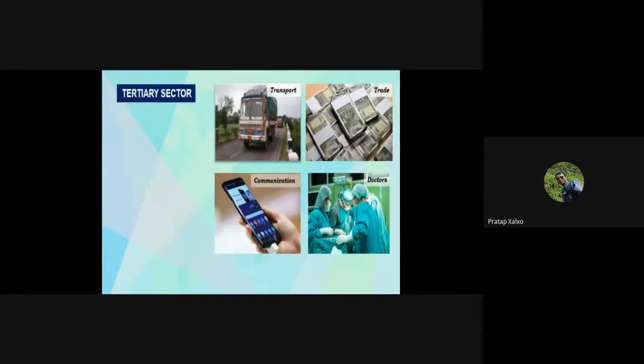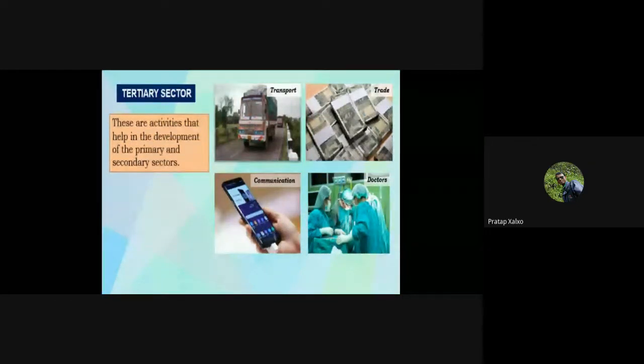Then we come to the tertiary sector. Tertiary sectors are the activities that help in the development of the primary and secondary sectors.